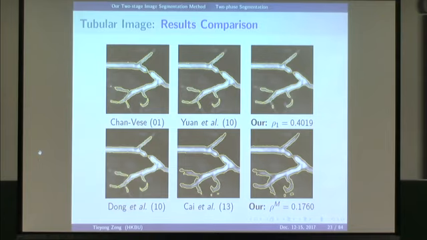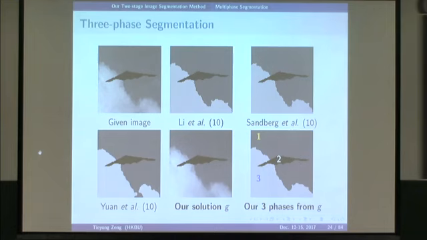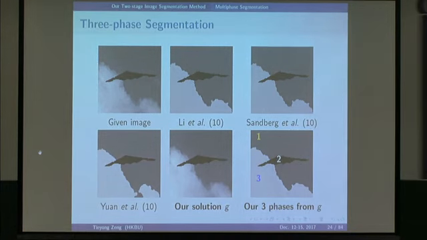Because this is a retinal image, this should be connected because it is a blood system. You compare a little bit with other methods, and you can see that ours is slightly better. And this is a three-phase segmentation image.